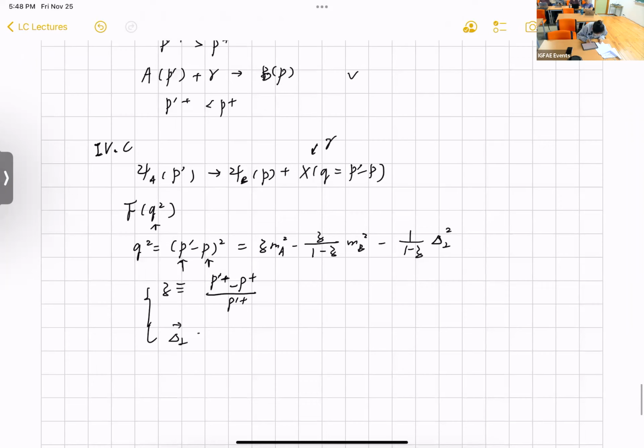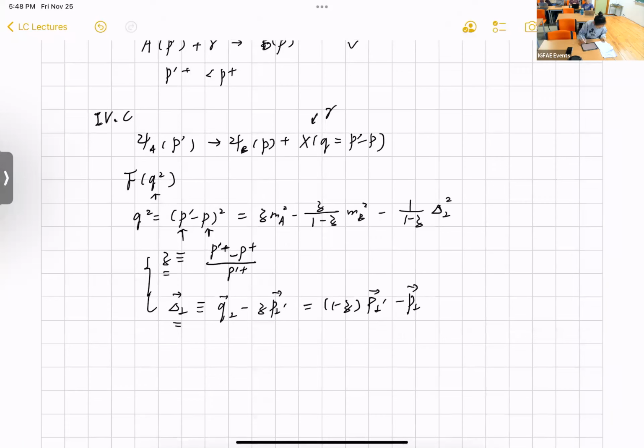And this delta perp is defined as this. So the good thing is that both Z and delta perp are invariant.